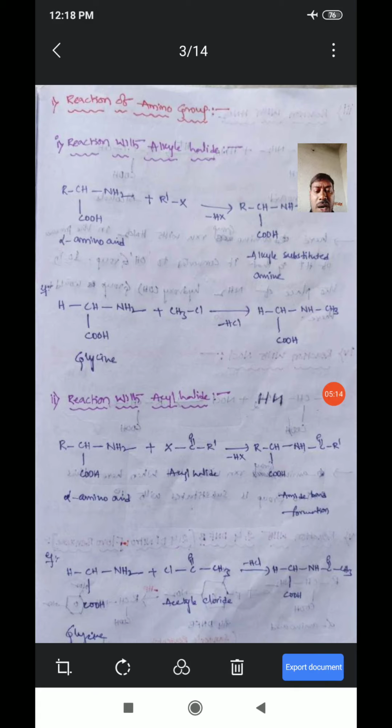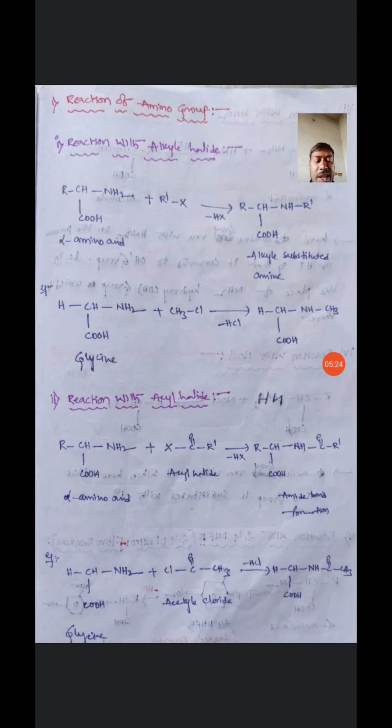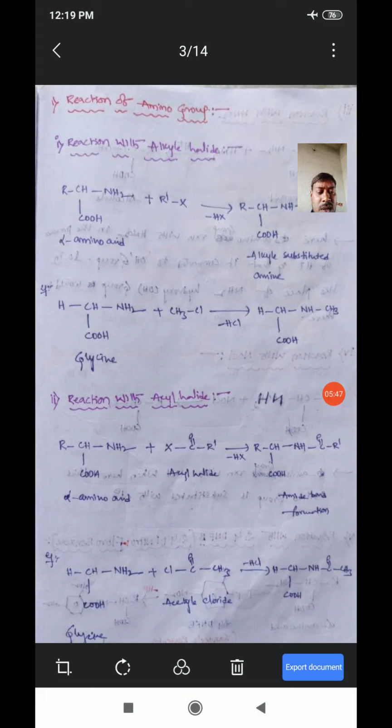This is also a similar reaction. In this reaction, alpha amino acid RCH COOH NH2 reacts with acyl halide, R dash C double bond O X. One hydrogen is removed from the NH2 group and X from the acyl halide, so minus HX, and it forms an amide bond: RCH COOH NH C double bond O R dash.